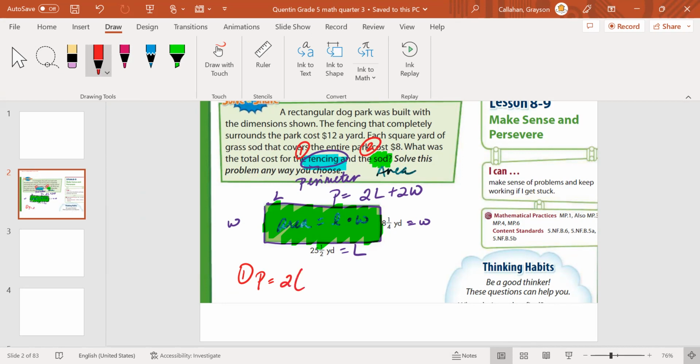2L, 2 times 25 and 1/2 plus 2W, so 2 times 8 and 1/4. So multiply that out.